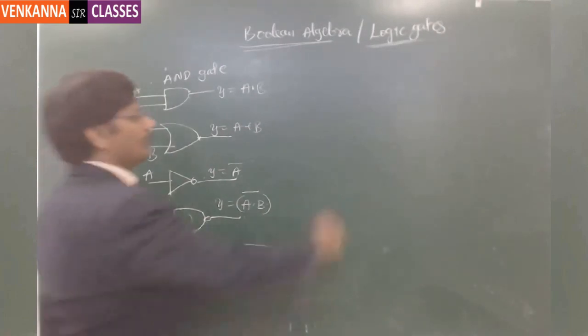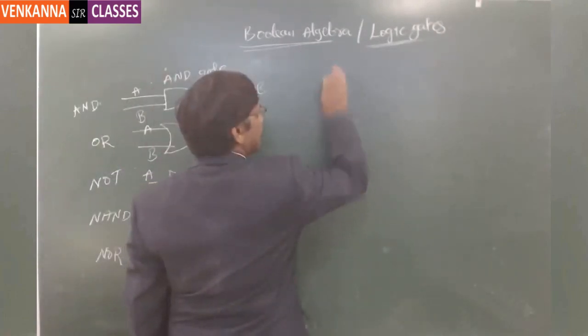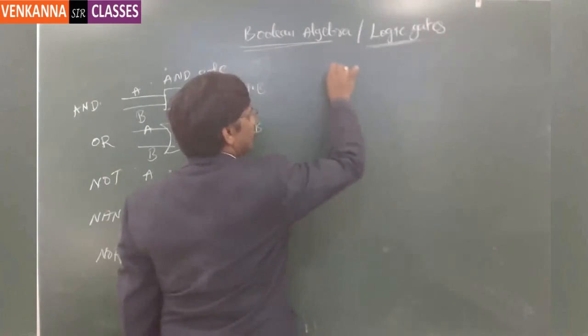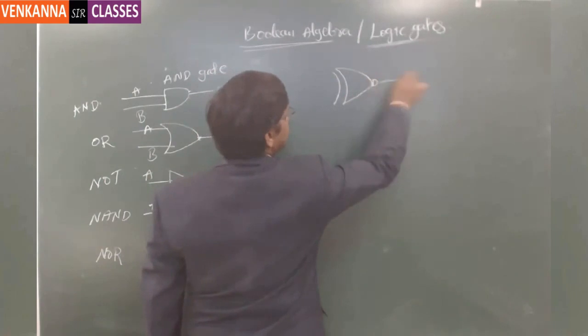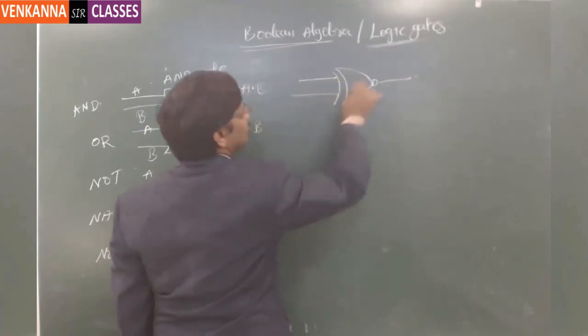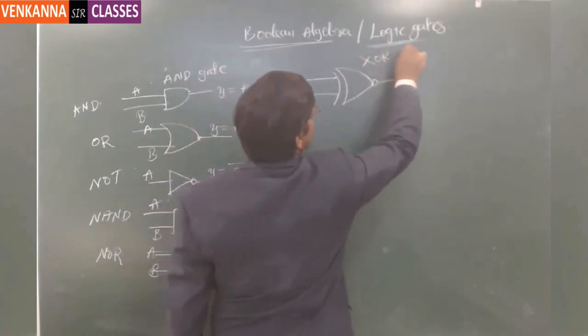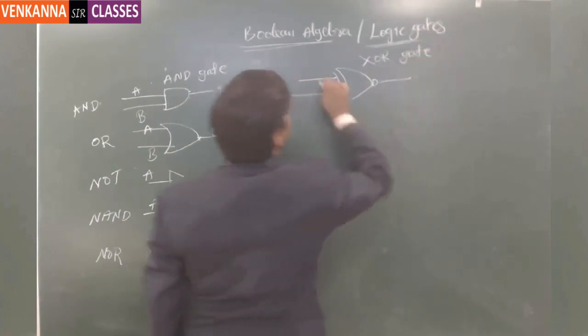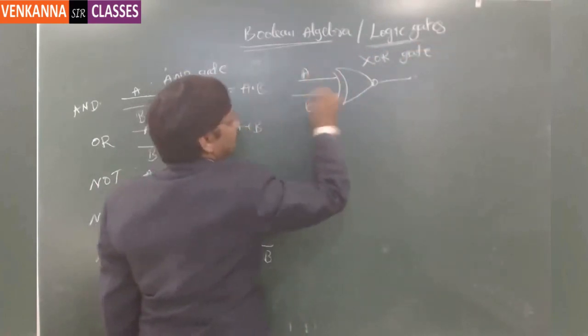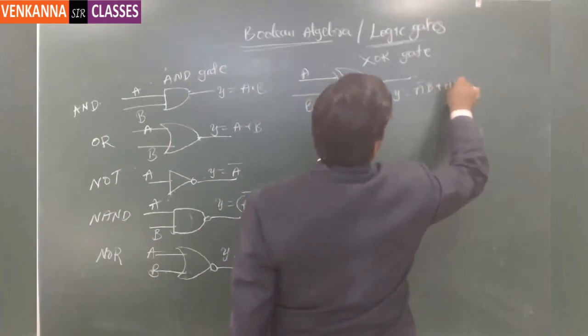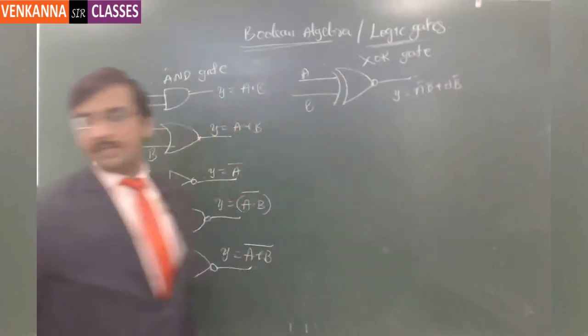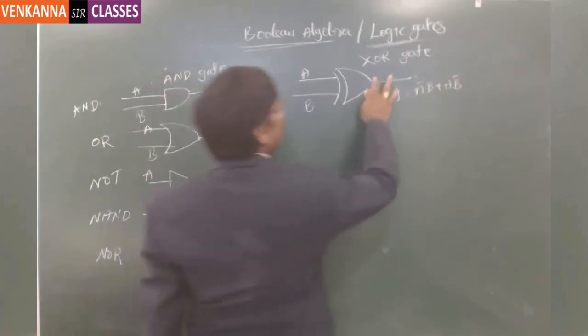And the exclusive OR gate has two curves here, then the OR gate. So this is the XOR gate. This is A and this is B. Y is equal to A bar B plus A B bar. This is the exclusive OR gate.